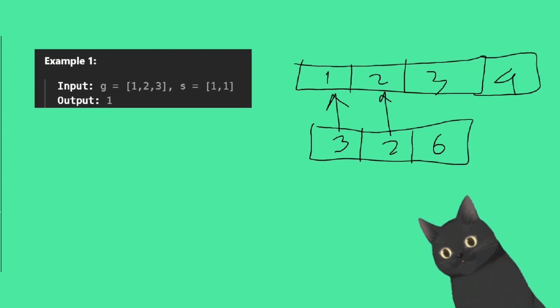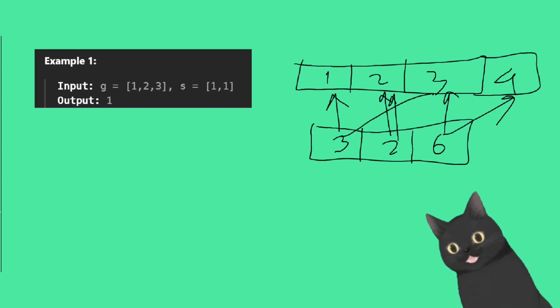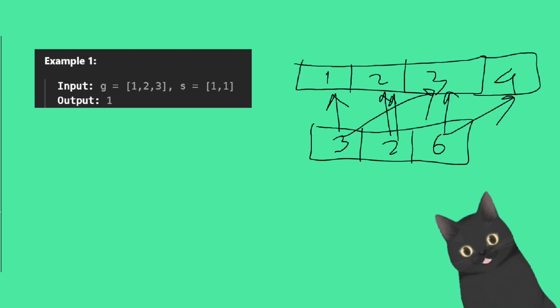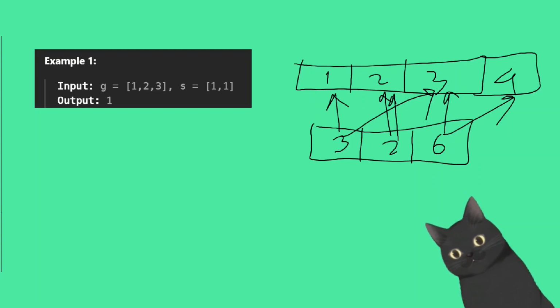Again, with 6, I'm giving a huge cookie to number 3. The best way to make sure the children are content would be to give 4 to the last one, give 2 to 2, and give 3 to 3. So the first one will not be content. The number of content children is still the same, but at least you have optimized it. You can understand that sorting is necessary.